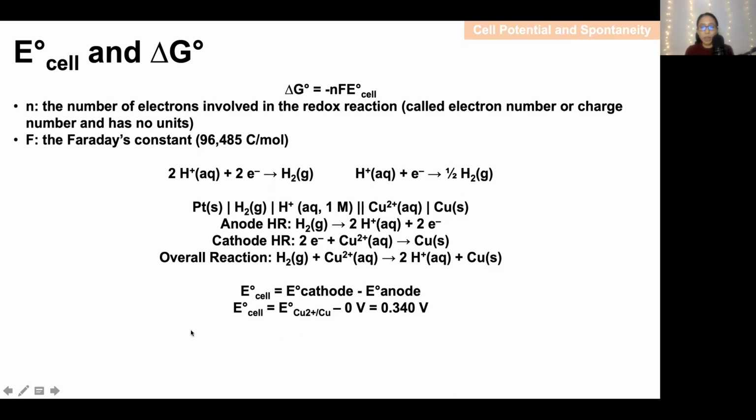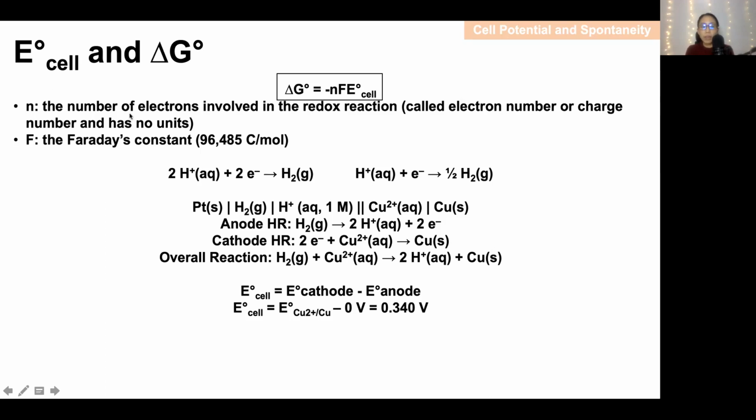The relationship of electrochemistry, where the parameter measured is cell potential, and thermodynamics through the parameter delta G is given by this equation. We have the change in Gibbs free energy at standard state equal to negative number of electrons times Faraday's constant times your standard cell potential.